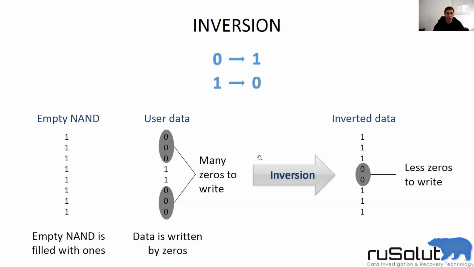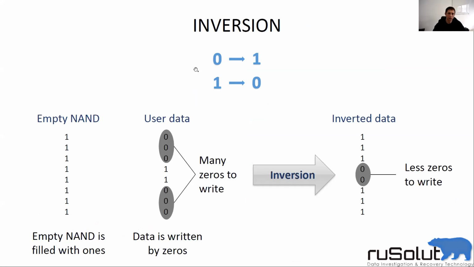So that's the reason why the controller inverts zeros to ones and ones to zeros. So when we unsolder a memory chip, data could be inverted there. And to get original data, we need to apply a simple transformation to data. We need to just invert it one more time, 1 to 0 and 0 to 1. So that's it. So that's the inversion.